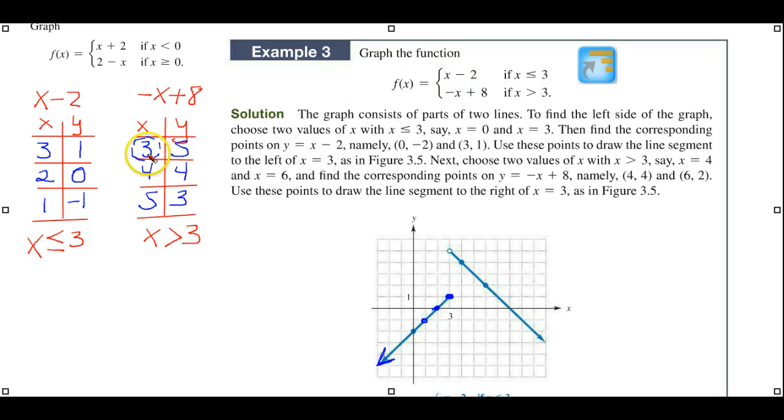Now 3, 5. 1, 2, 3, 1, 2, 3, 4, 5, and see, here they're using a little circle. That's not included in the set, but a place to anchor it. And then 4, 4, and then 5, 3, and that gives us our next line. Now again, is this a function?